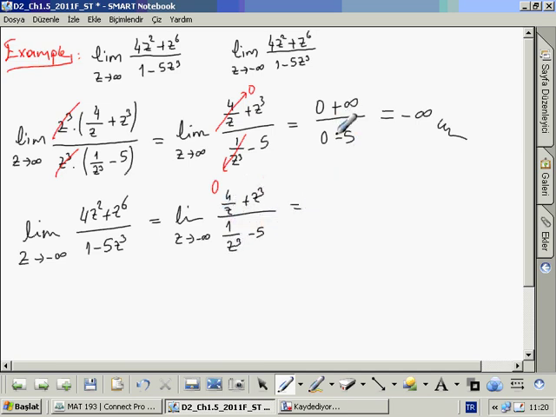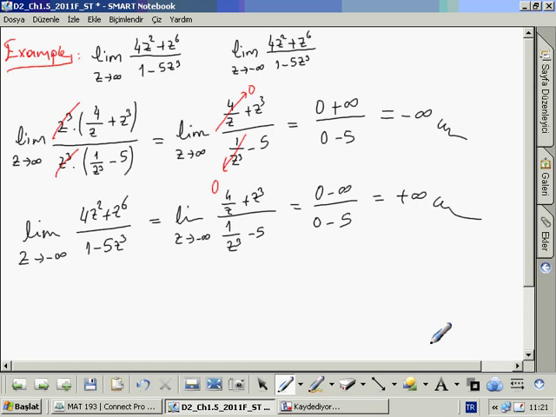Okay, and it will be 0 minus infinity over 0 minus 5, so it will be plus infinity, and the answer is positive since we have a quotient of two negative numbers.